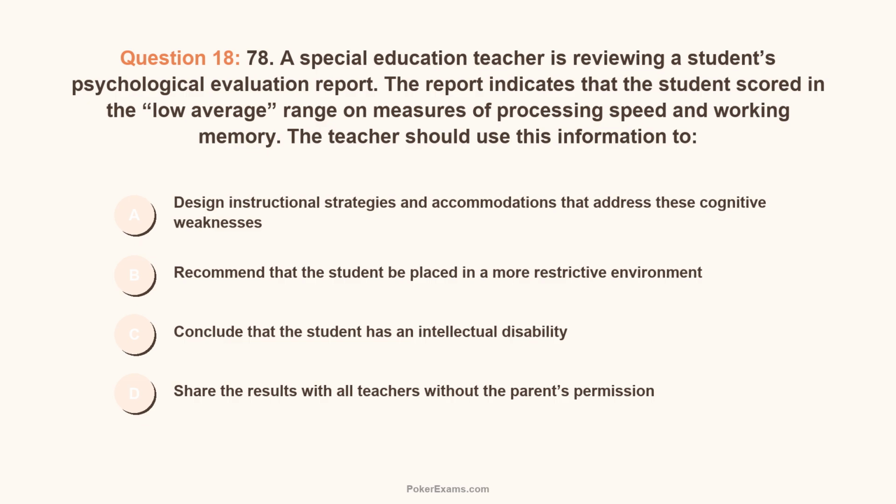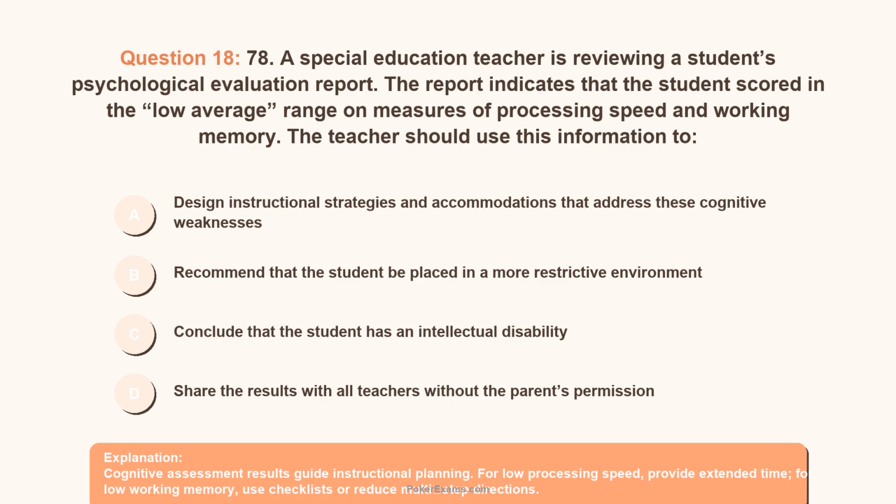Recommend that the student be placed in a more restrictive environment. Conclude that the student has an intellectual disability. Share the results with all teachers without the parent's permission. Cognitive assessment results guide instructional planning. For low processing speed, provide extended time. For low working memory, use checklists or reduce multi-step directions.